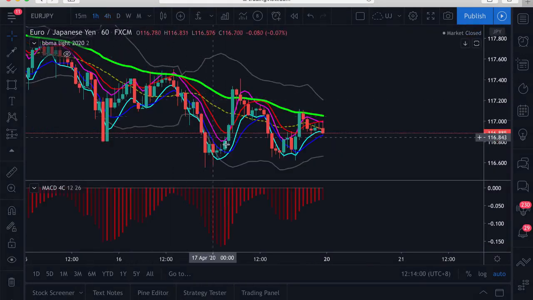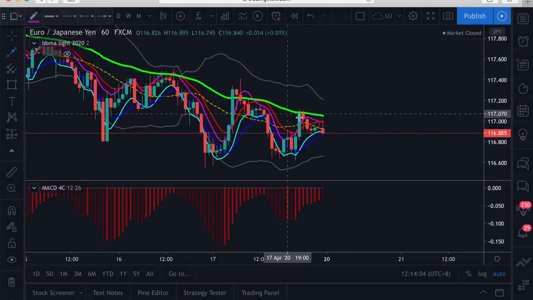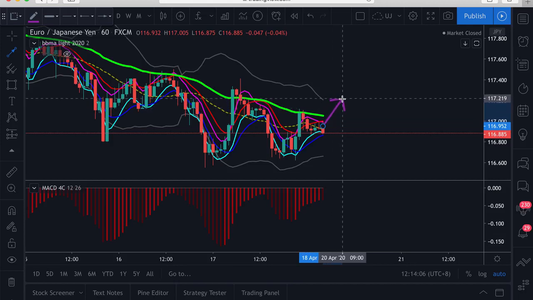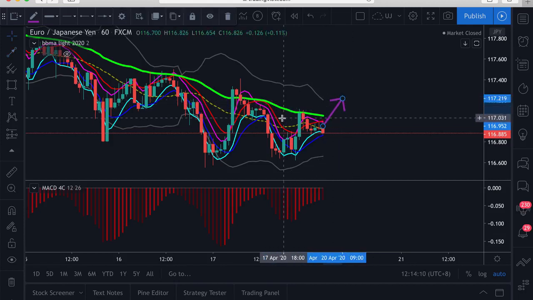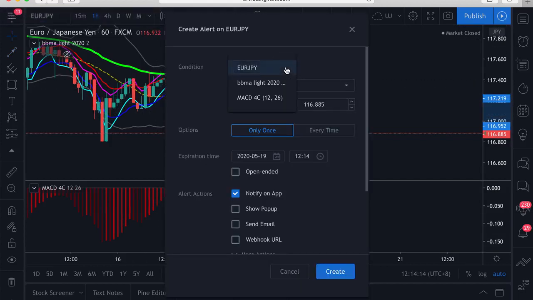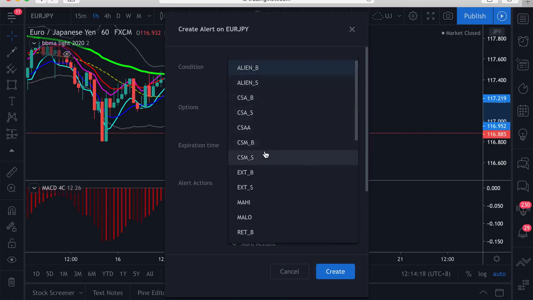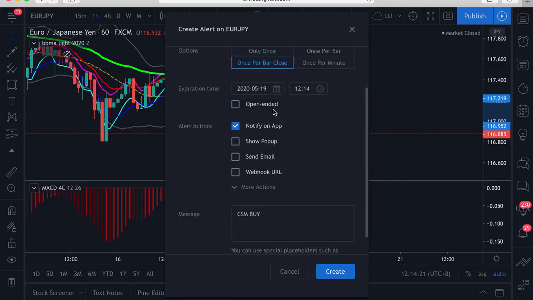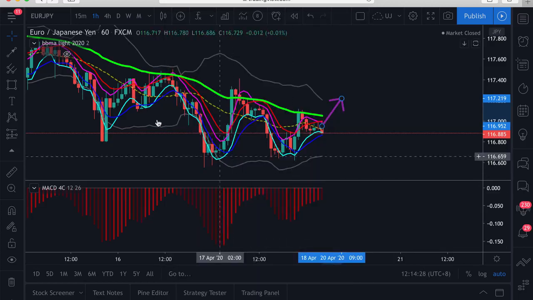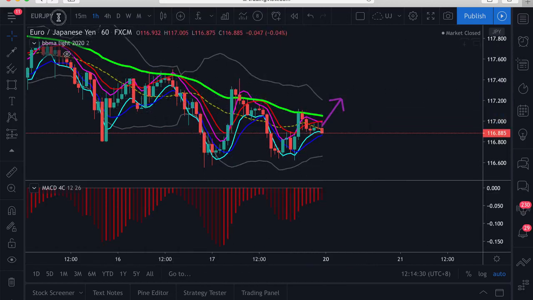So we want to see this candle go up here and close above the top BB to make a CSM buy. So for Euro JPY, let's set an alert for Euro JPY CSM buy. Okay, at H1 check EMA 50. Okay, done for Euro JPY.